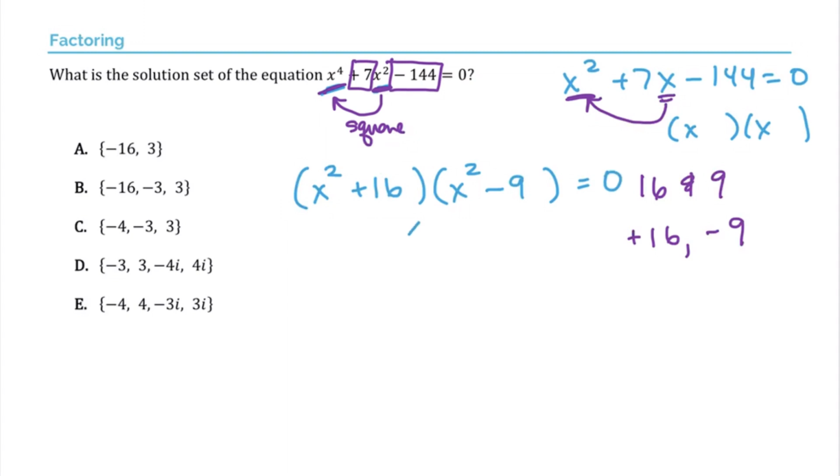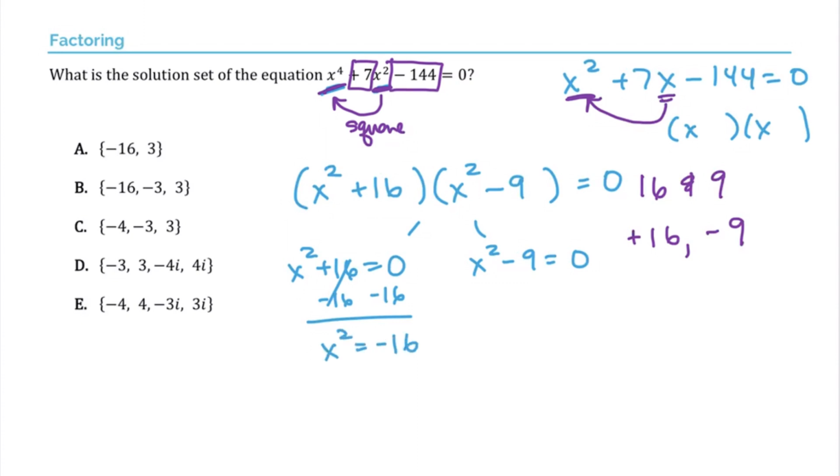Now, just as we did in the prior question, I'm going to separate it out into two parts. I have that x squared plus 16 equals 0, and I have x squared minus 9 equals 0. I'm trying to solve for x here. So I'm going to subtract 16 from both sides. I get x squared equals negative 16. Now, to solve for x, because I'm squaring it, I have to do the opposite and take the square root of both sides. Remember, if you start with a square and take a square root, your answer is going to be plus or minus the square root of negative 16.